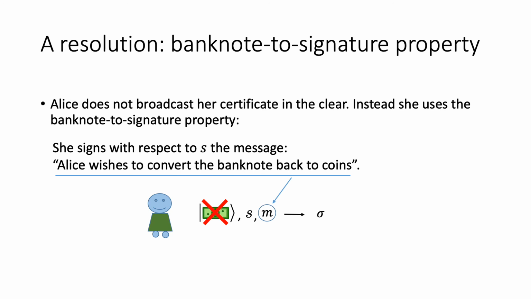And now, of course, the attack that we mentioned earlier of a malicious agent stealing a certificate is no longer possible because a certificate is never broadcasted in the first place. And moreover, the malicious agent cannot possibly produce a signature with respect to serial number S of any message other than this particular one here, which contains Alice's name.